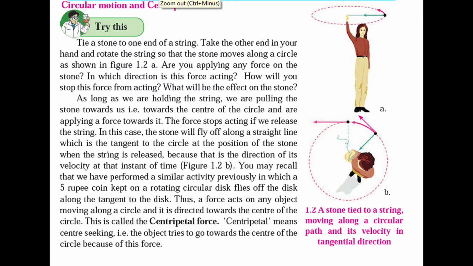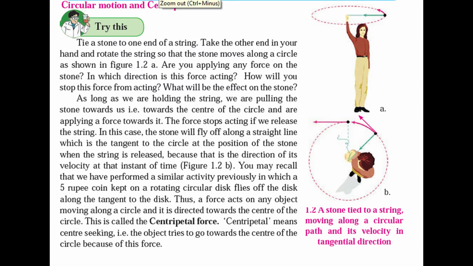But because of the string, it is being pulled towards the center and it doesn't escape until you actually release the string. You may recall that we have performed a similar activity previously in which a 5 rupee coin kept on a rotating circular disc flies off the disc along the tangent to the disc.